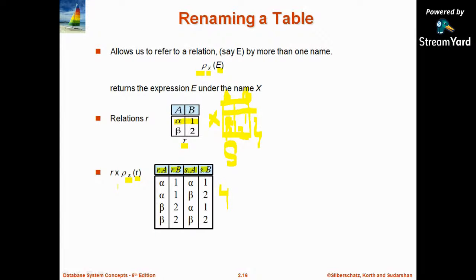The rename operation is used whenever you want to do an operation of the table with itself. Say for example, I would like to find, within an employee table, the employee whose salary is maximum.